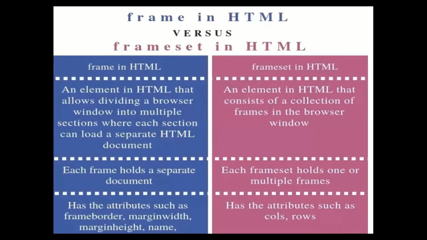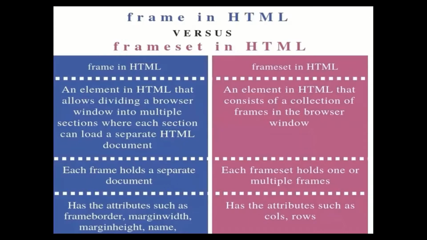So the differences between frame and frameset in HTML are: a frame in HTML is an element that allows dividing the browser window into multiple sections, where each section can load a separate HTML document.